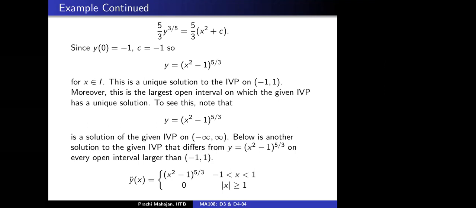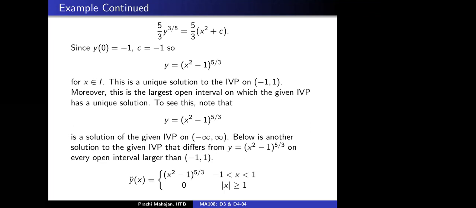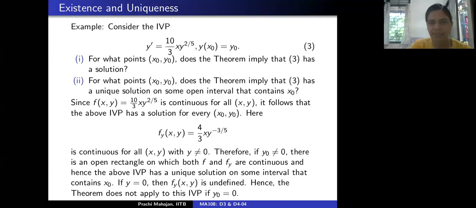Ma'am, I had one doubt. Go ahead. Ma'am, if we want to find the interval of unique solution, how would we initially choose the first interval, minus epsilon naught to epsilon naught, from which we want to start? The first interval here is chosen by looking at the function f and f_y.